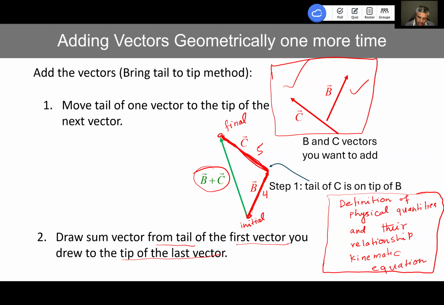So we have to calculate this length using geometry. And if they are pointing at right angle to each other, then we can use the Pythagorean theorem, right? So if this angle was 90 degrees, then the value of this resulting vector would be the square root of b squared plus c squared, okay? Sum.